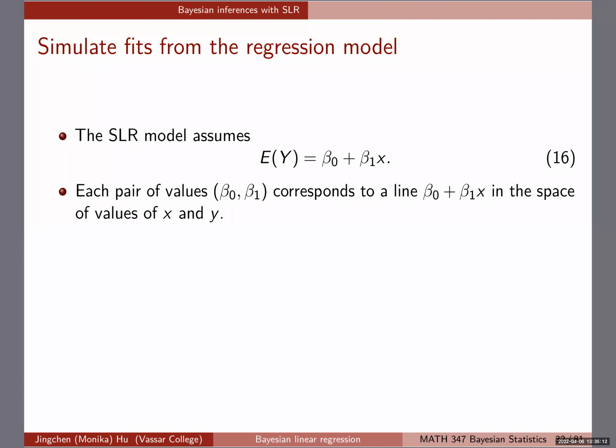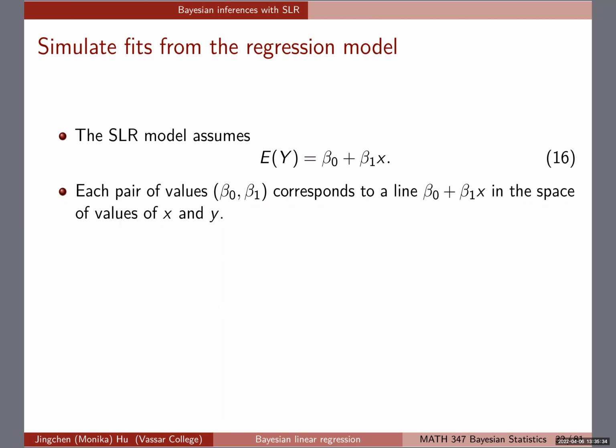So one thing that we could do for Bayesian inference, once we get a model fit, is, if you remember, we have this equation 16 as our basic model setup. We're assuming that the expectation of the outcome variable y is a linear combination with the intercept beta 0 plus beta 1 times the predictor variable x.